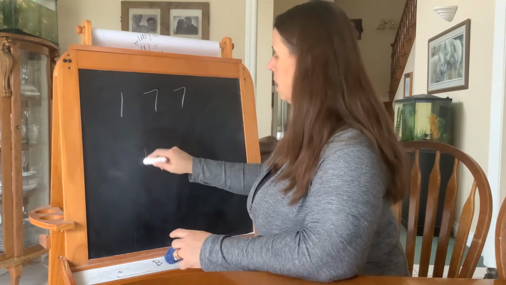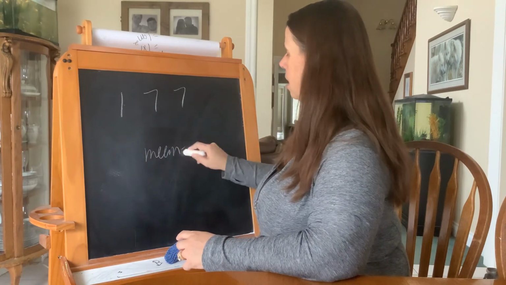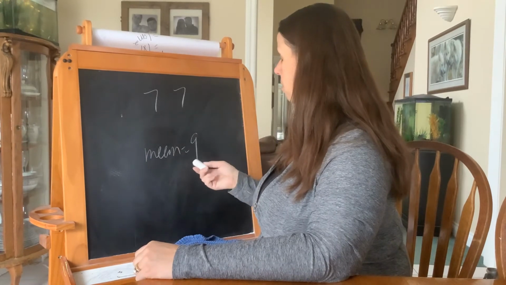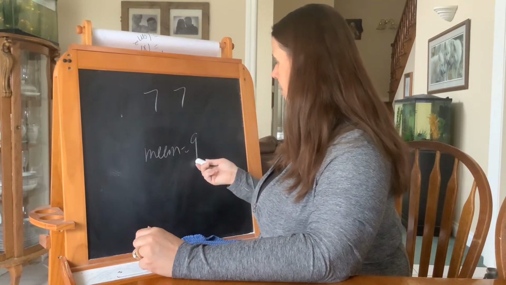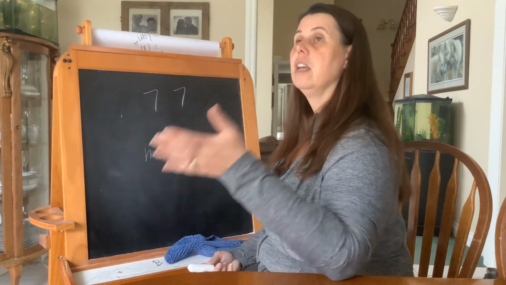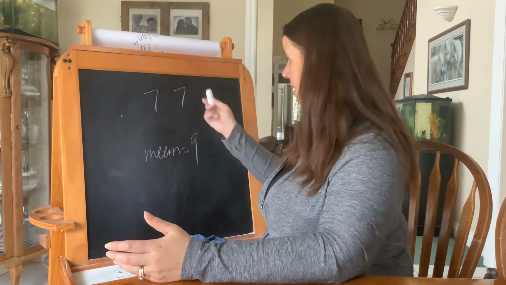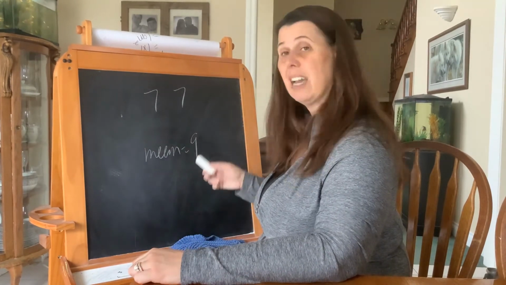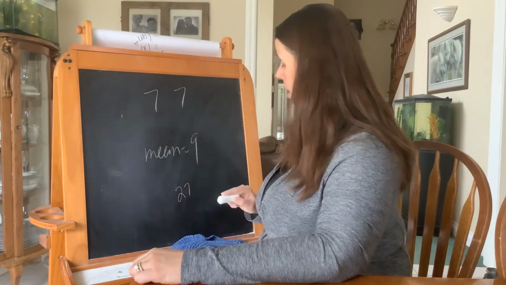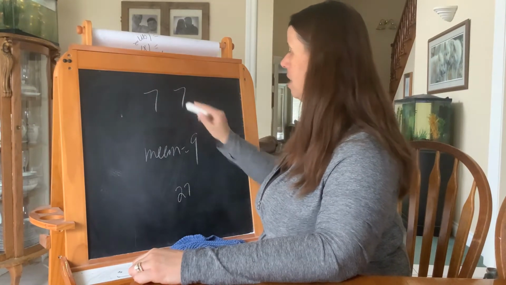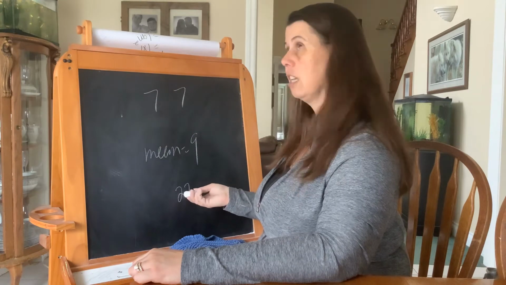They want a mean to equal 9. Okay? So remember, we're going to add one piece of data, and the mean has to be 9. So that means that 3 pieces of something divided by 3 has to equal 9. Well, 9 times 3 is 27. So if I can get to 27, I can make the mean 9. 7 and 7 is 14, but I got to get to 27.